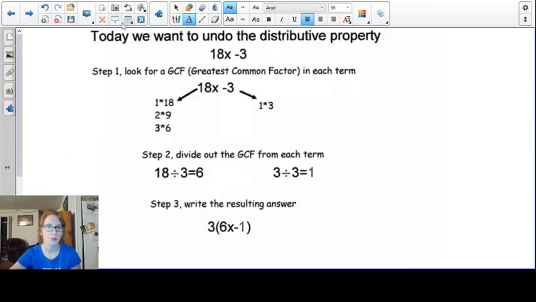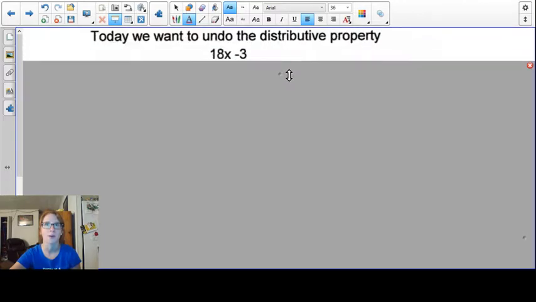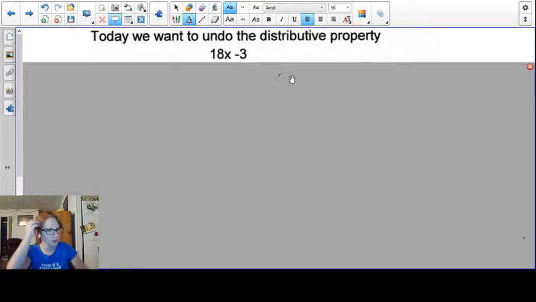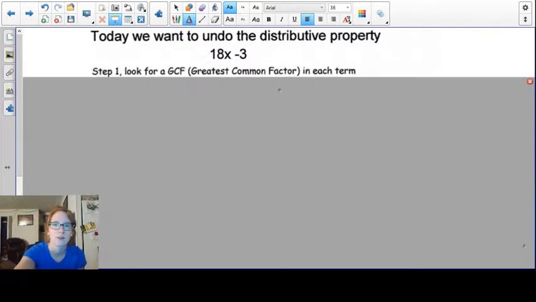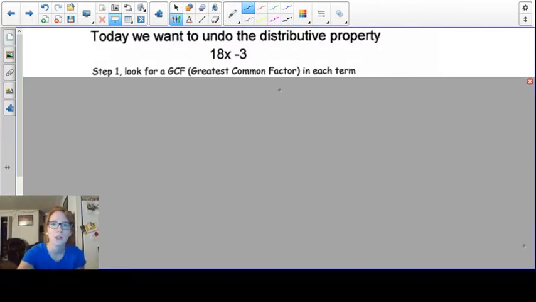So what I'm going to do is put the screen up and go through it. I know you can see yours, but I want to talk about each piece at a time for a reason. So first we're going to start talking about undoing the distributive property. We're used to seeing something like this.